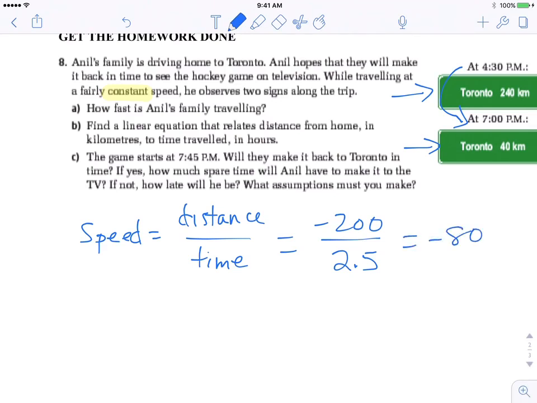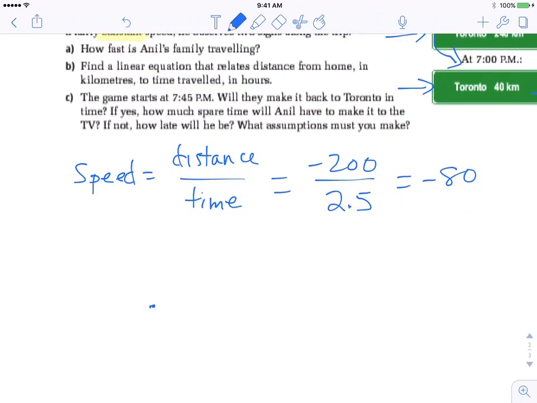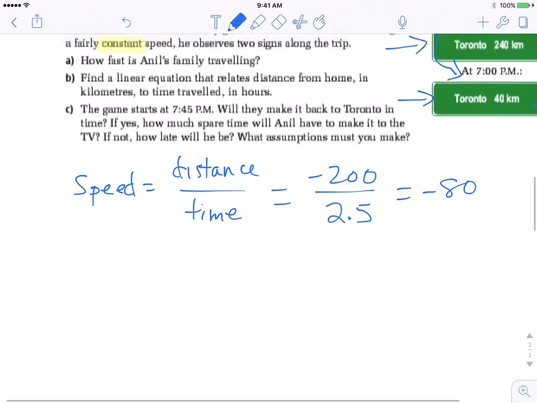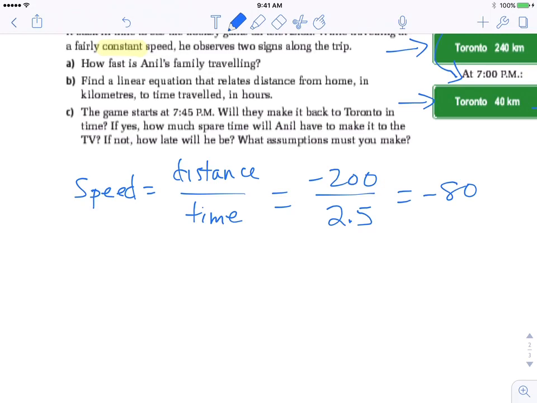The reason why it's negative is because on a distance time graph, you're originally at 240 kilometers away, and you're traveling to home, at which point then you'll have 0 kilometers to go. You reach your destination. So it's a negative slope. That's why we get negative 80 here. You're not traveling back in time. Okay, so how fast are they traveling? 80 kilometers an hour. So for A, 80 kilometers per hour.